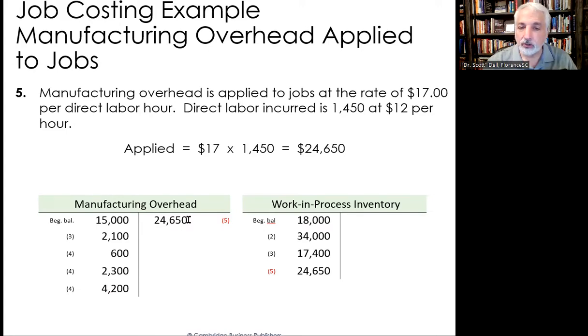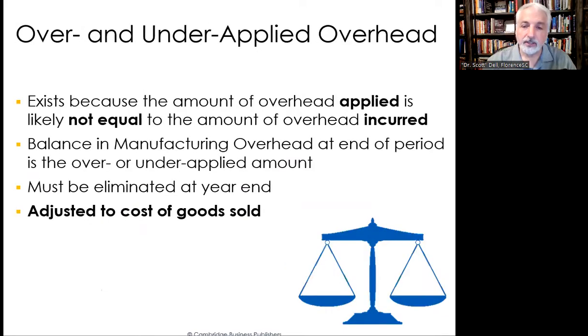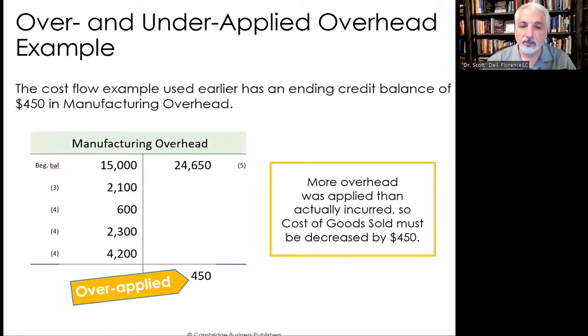If we sent 24,650 and we only had 24,000 in accumulated cost, we put 650 more into the system than should be. And we have to wash that out eventually. We'll make these columns equal, so we get another 650 or whatever it is here, and we wash it out to cost of goods sold. So if we overapplied, we're going to adjust our cost of goods sold. If we underapply, we'll adjust our cost of goods sold in the opposite direction.